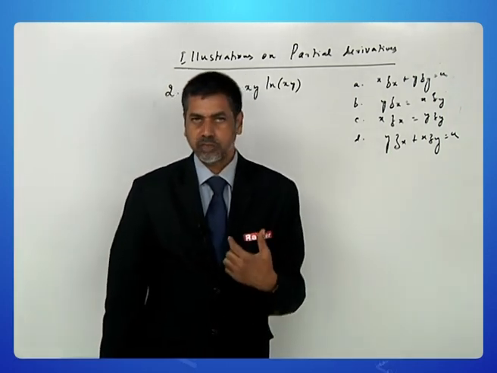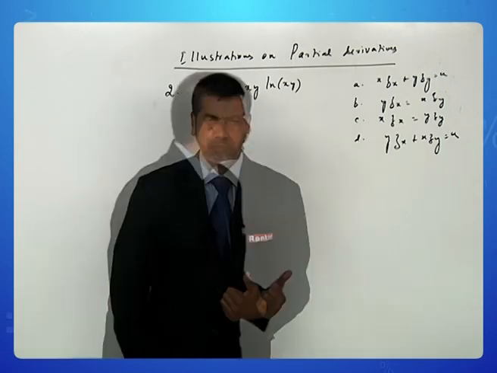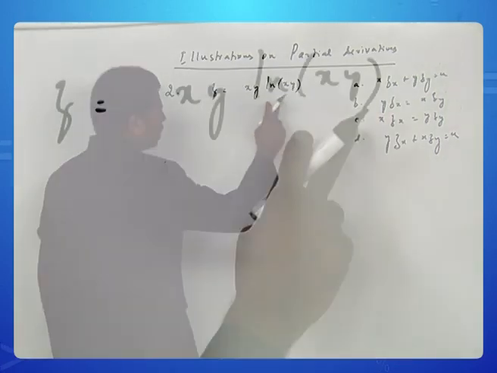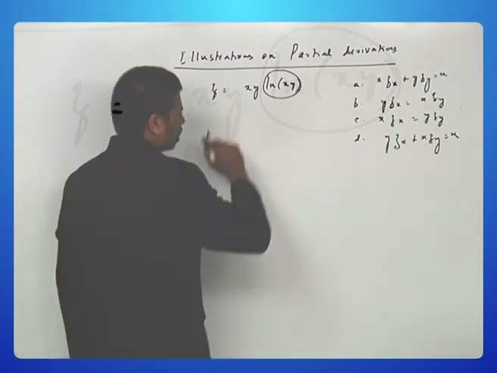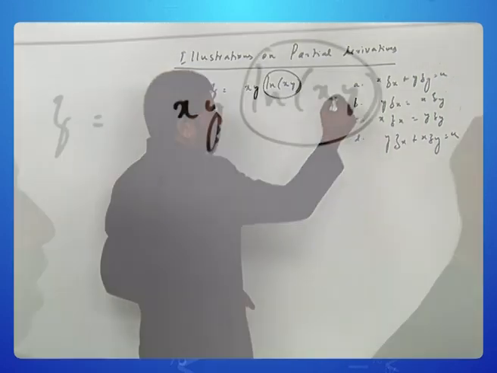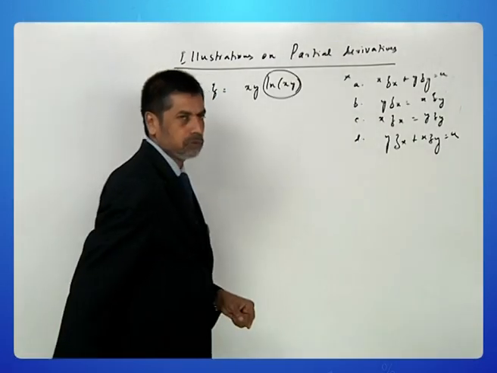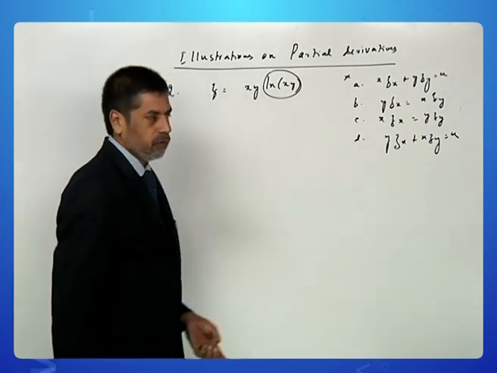All of us know there is a well-known theorem for homogeneous functions. Here, this function is not homogeneous in x and y because of this logarithmic term. So because it's not homogeneous, option A is ruled out. So we'll just see which of these remaining 3 will be valid.